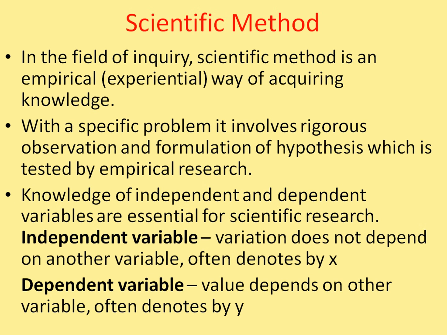With a specific problem, it involves rigorous observation and formulation of hypothesis, which is tested by empirical research. A researcher can modify the hypothesis on the basis of the outcome of the tests and experiments. The modified hypothesis is retested until it becomes consistent with observed phenomena and testing outcomes.